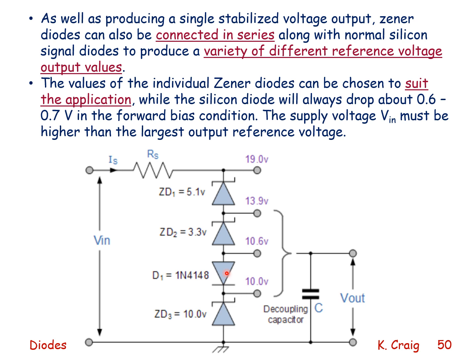The values of the individual Zener diodes can be chosen to suit the application, while the silicon diode will always drop about 0.6 to 0.7 volts in the forward bias condition. The supply voltage Vin must be higher than the largest output reference voltage. And we see that combination right here.